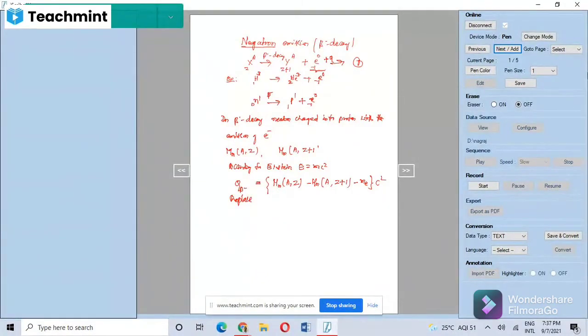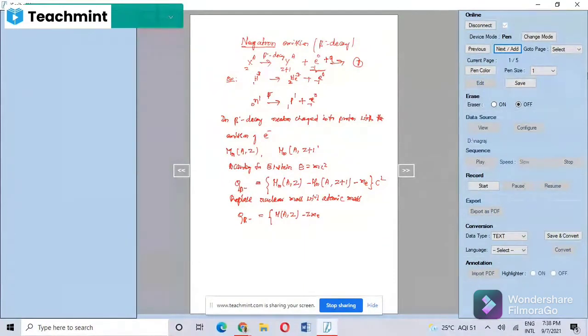So Mn is the nuclear mass. If you replace the nuclear mass with atomic mass, so Q beta minus is equal to M of A comma Z minus Z Me.